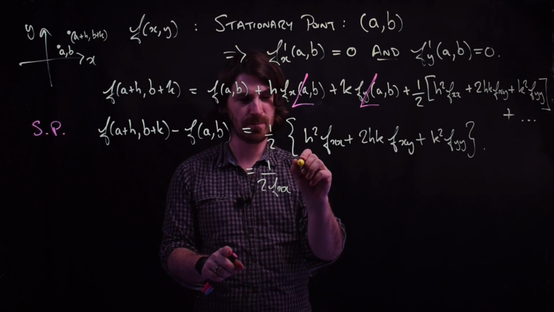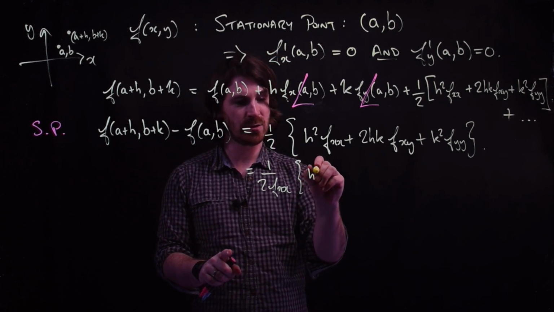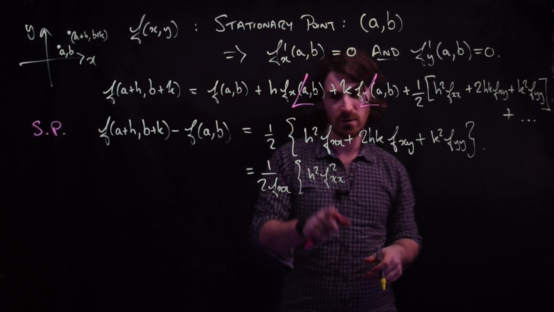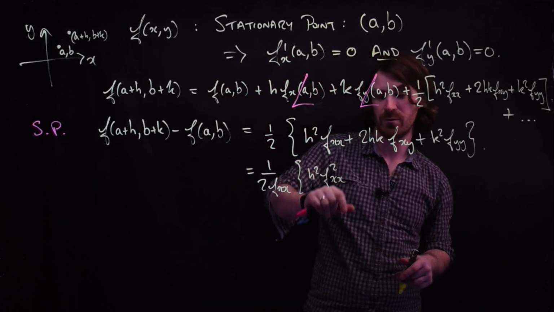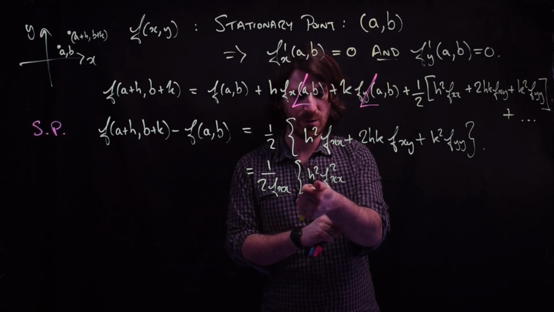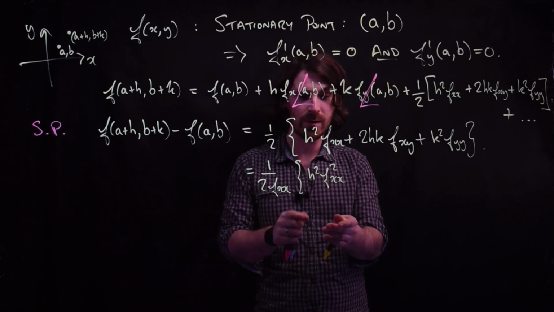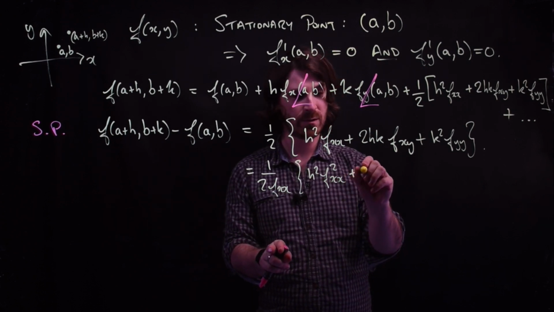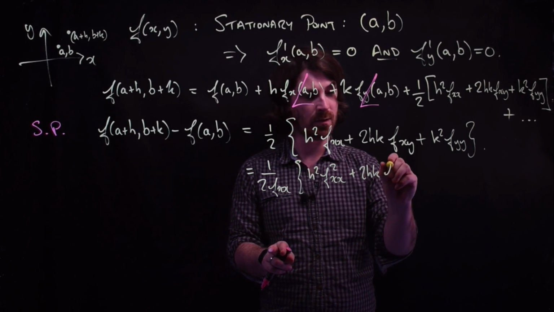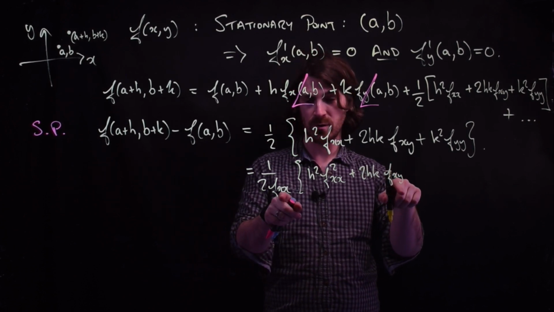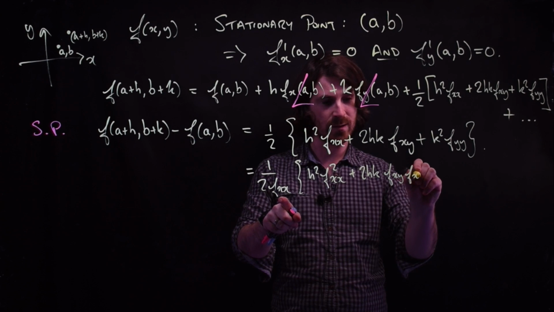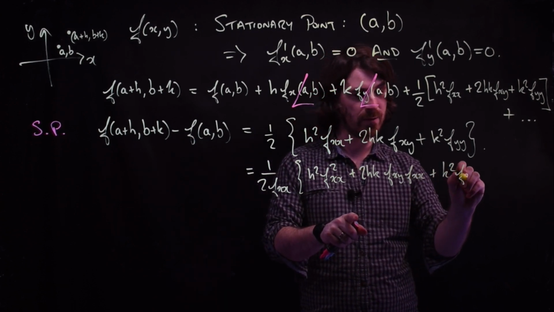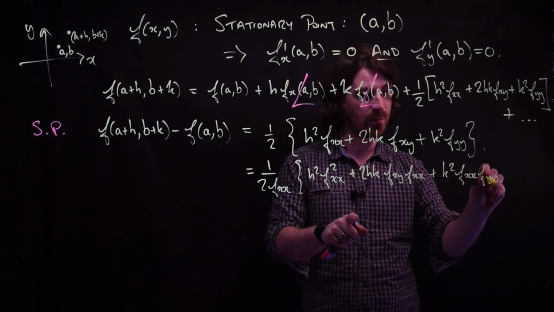This leaves us with h squared f_xx squared. Note this is a square, it's not a derivative. So this is d2f by dx squared, evaluated at (a, b), and then that whole thing gets squared. Plus 2hk f_xy, and now because we're dividing by f_xx, we need to add that here, plus k squared f_xx f_yy.